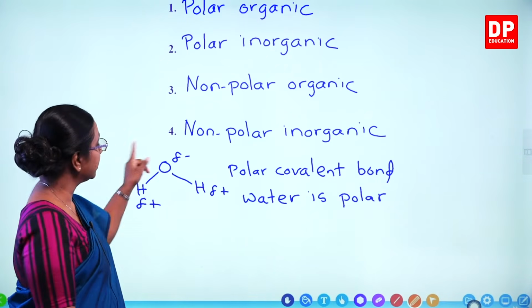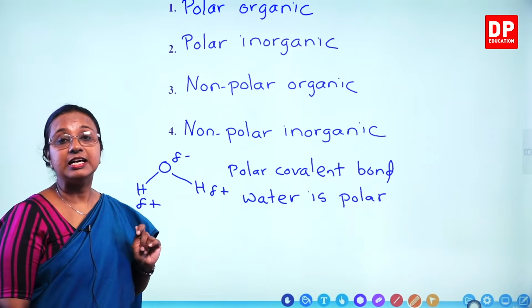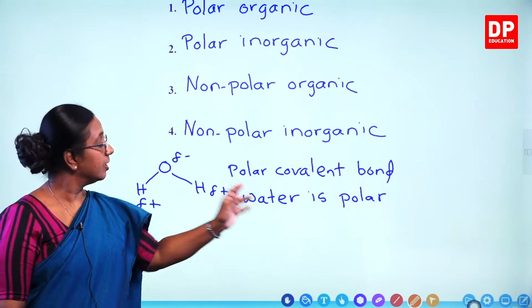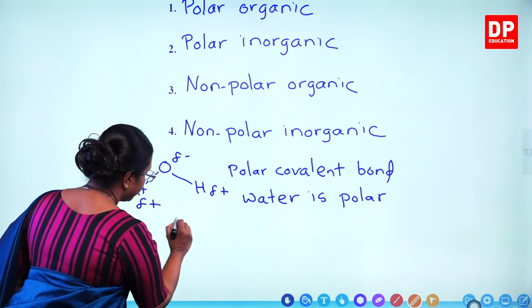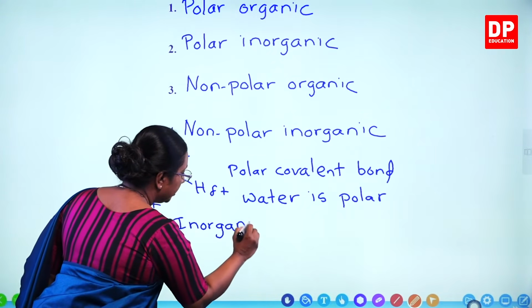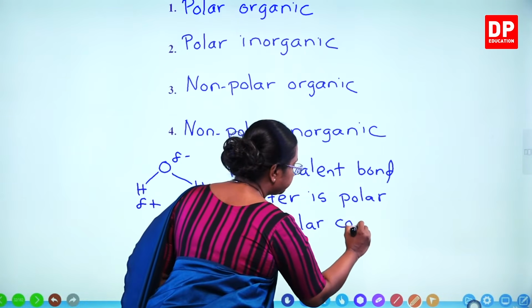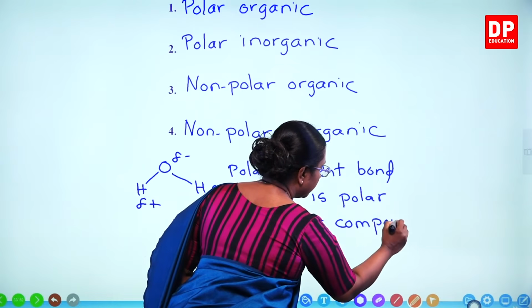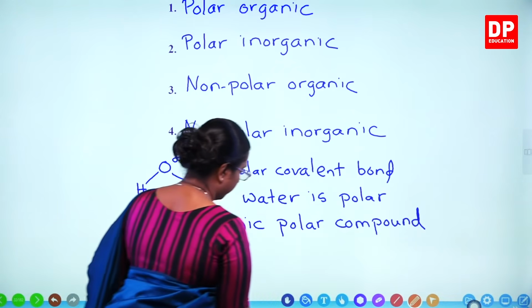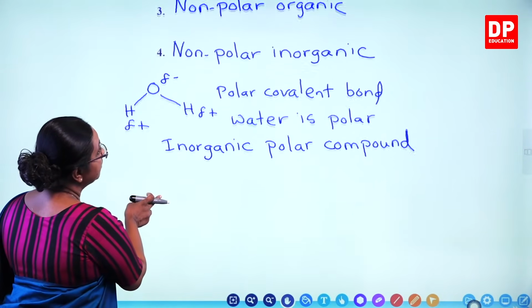And here there is no carbon, so this is an inorganic compound. Inorganic polar compound. So again, if I write it, this is an example of an inorganic polar compound.